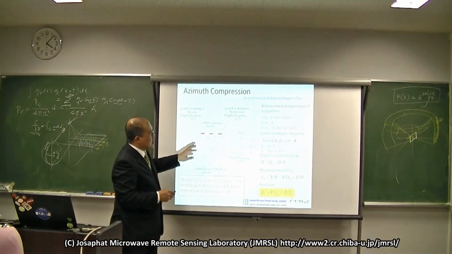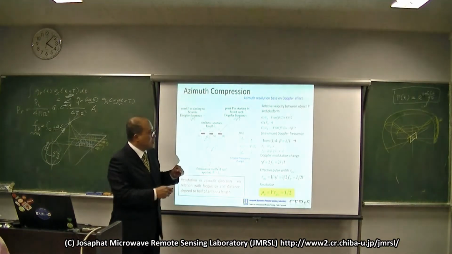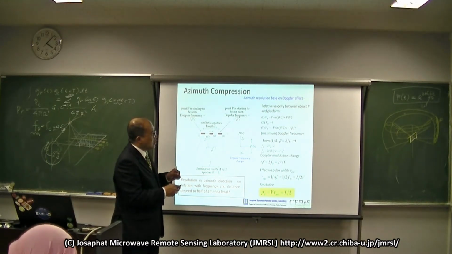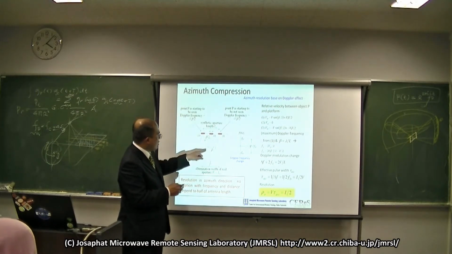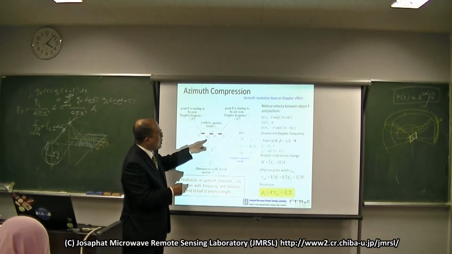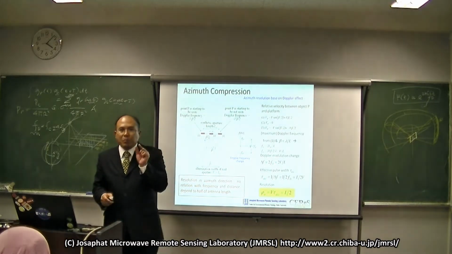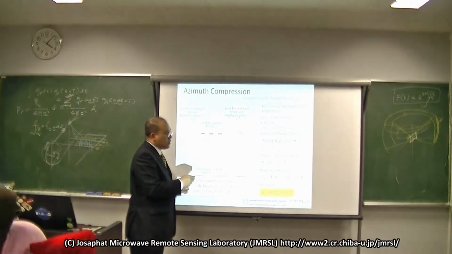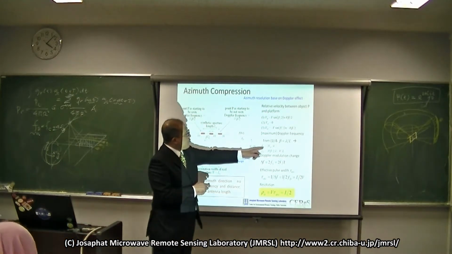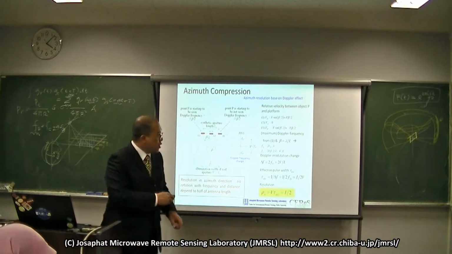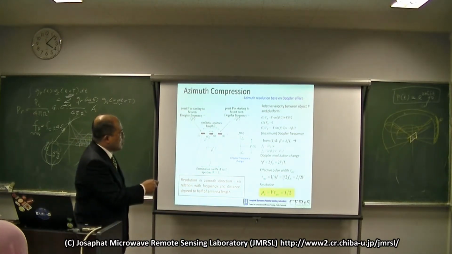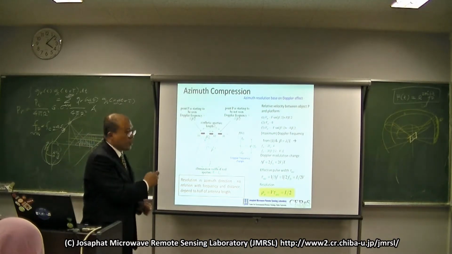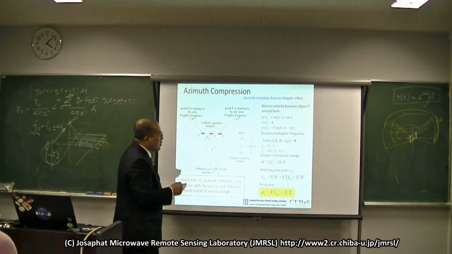Okay, next we want to derive the Doppler frequency from this equation, and here beta equals lambda divided by L. It is the beamwidth definition. From the definition of the Doppler frequency, Doppler frequency equals 2 Vd, the relative velocity, divided by lambda.